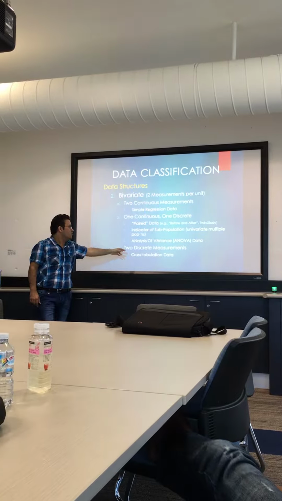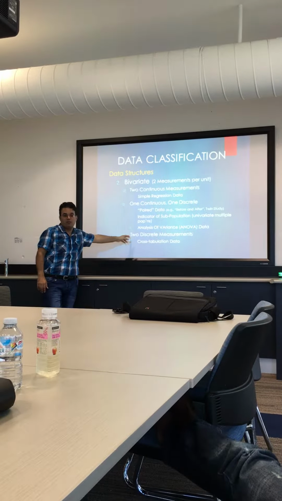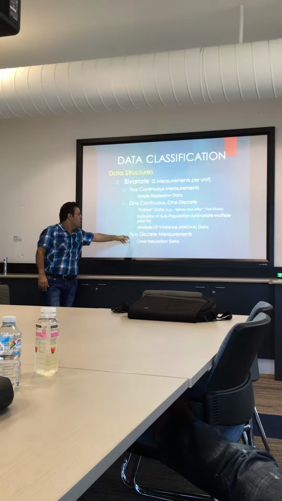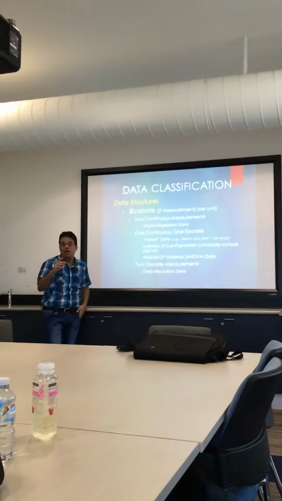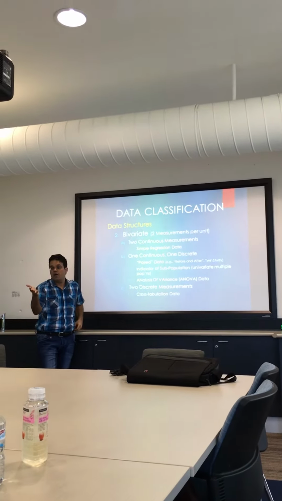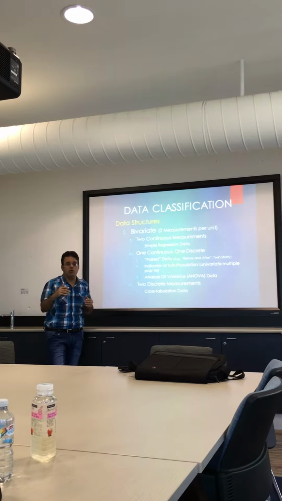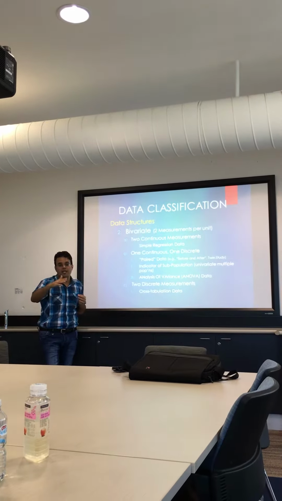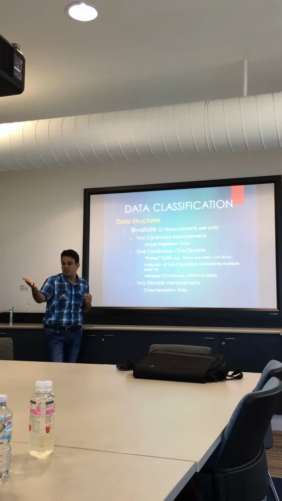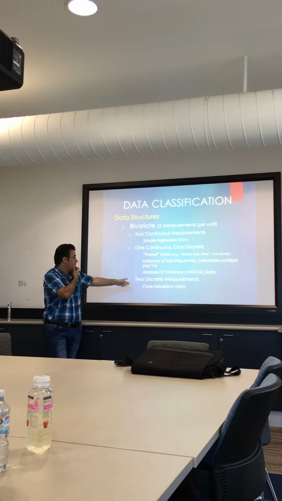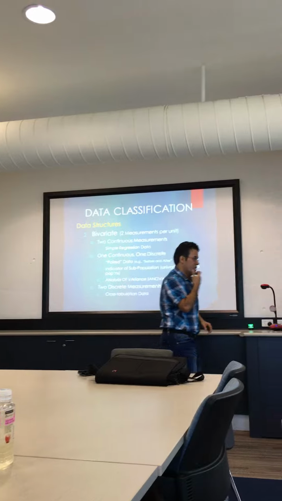The last thing, two discrete, and we will take an example for this. Like I'm interested in the name of the car and whether it is big or small, and whether the car is foreign or domestic. These are two discrete, and this uses cross tabulation.